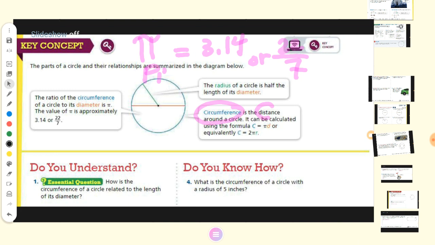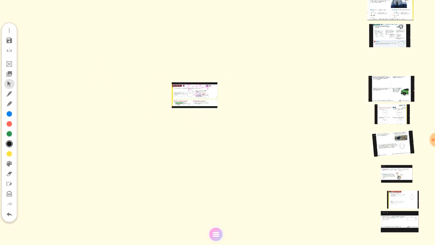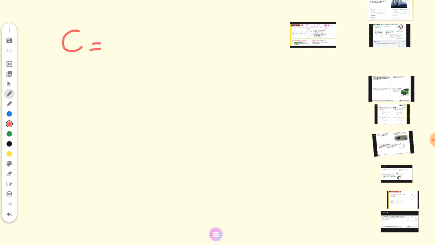First, circumference of circle equals pi multiplied by d, which is the diameter.